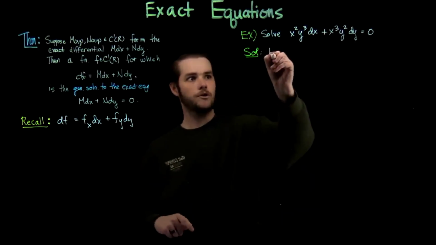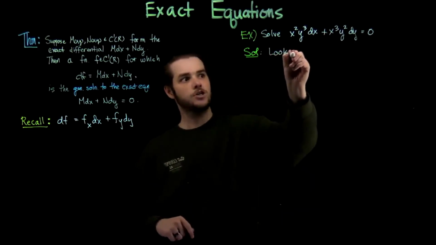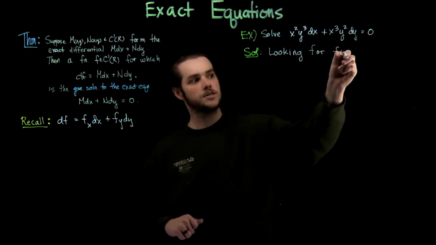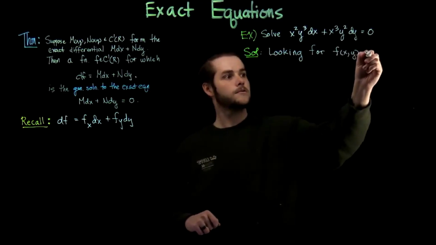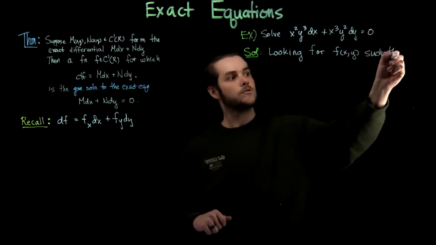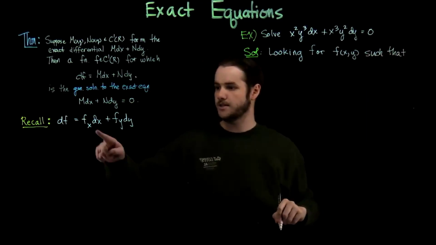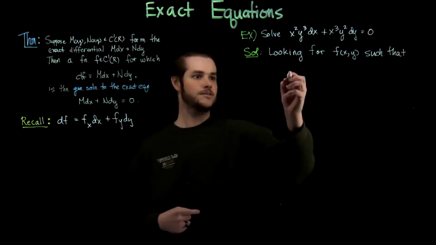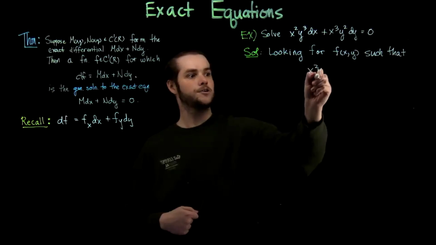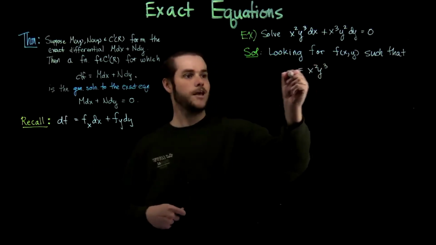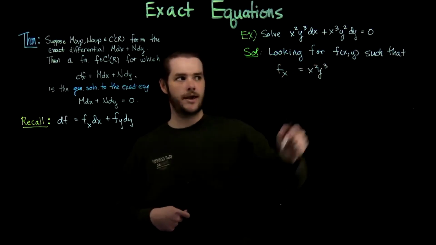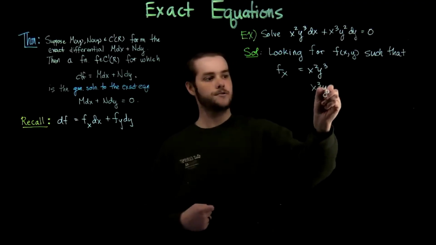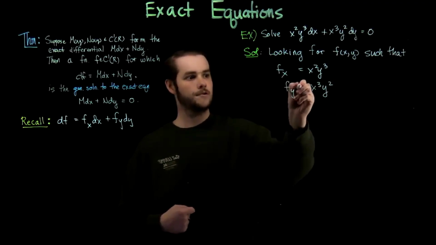I am looking for that function f such that, well, first of all, I know that the piece next to dx, x squared y cubed, should be fx. And the piece next to dy, x cubed y squared, should be fy.